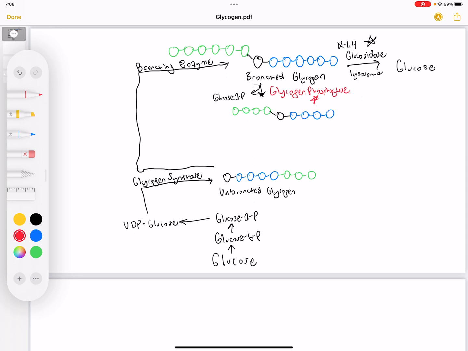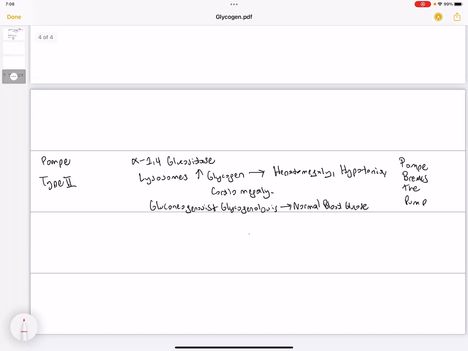And because the liver is unaffected, patients who have a deficiency in glycogen phosphorylase will most often have normal blood sugars. So let's also write this down. And this is glycogen storage disease type 5, known as McArdle disease.